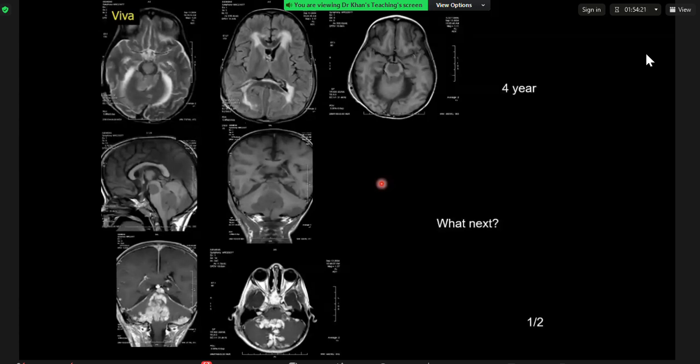The fact that there's lateral extension on the coronal views may indicate expansion and plasticity through the foramen of Luschka, which is typical of an ependymoma. But I think that's more in an adult patient. So my main differential would be.